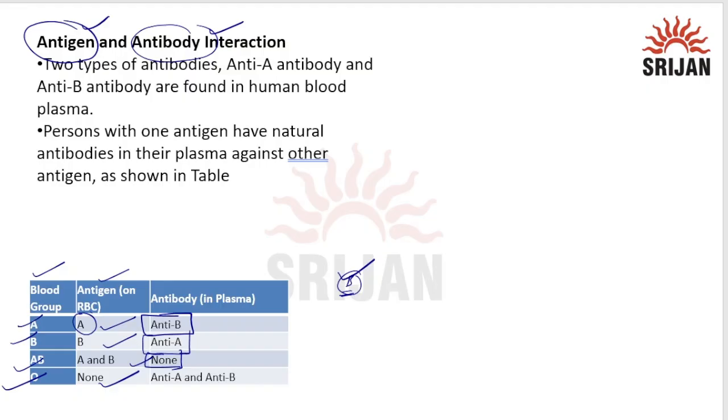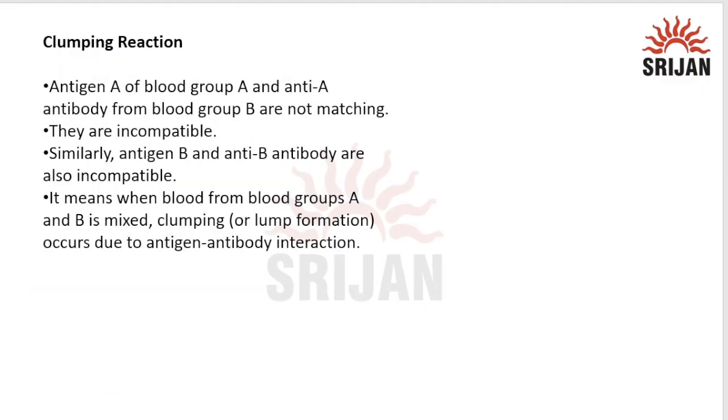Therefore, every kind of body is external for this O blood group, so the antibodies found in plasma are anti-A and anti-B. Two types of antibodies are found, anti-A and anti-B. A person with one antigen has natural antibodies in their plasma against the other antigen, as we have seen in this table. Now comes the clumping reaction.